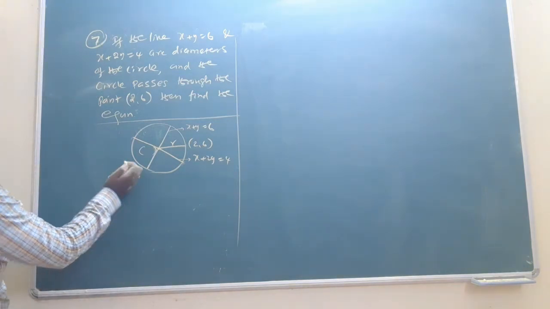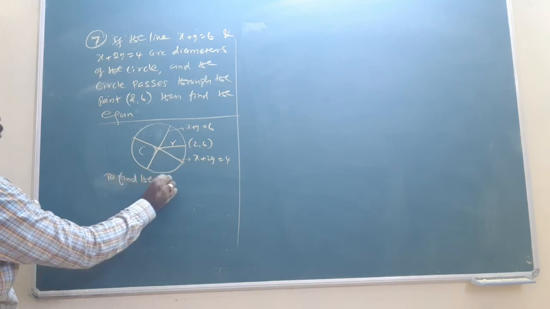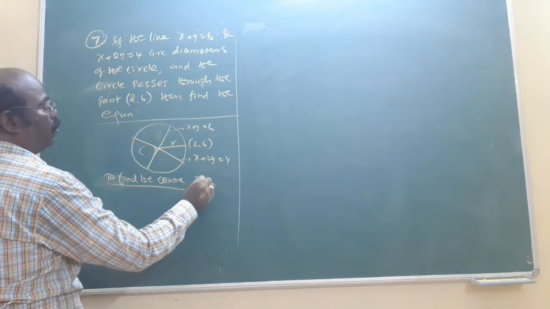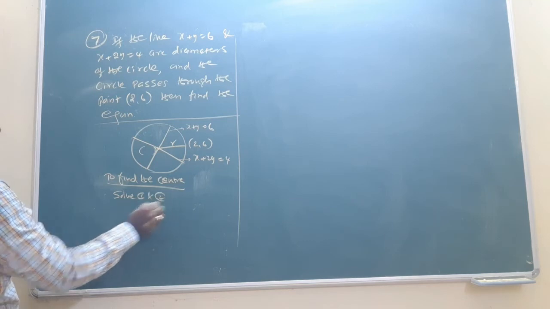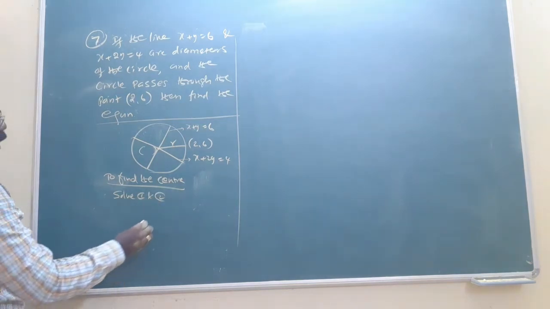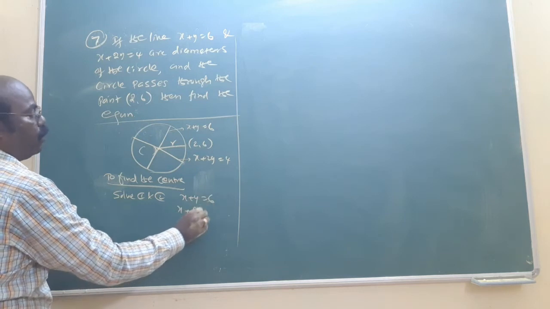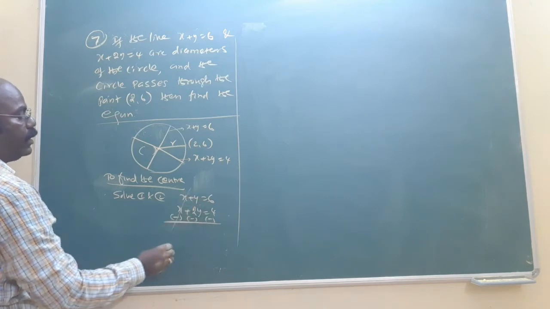First, solve to find the center. To find the center, solve 1 and 2. What is the solving? X plus y equal to 6. X plus 2y equal to 4. We have to change sign. This will cancel.